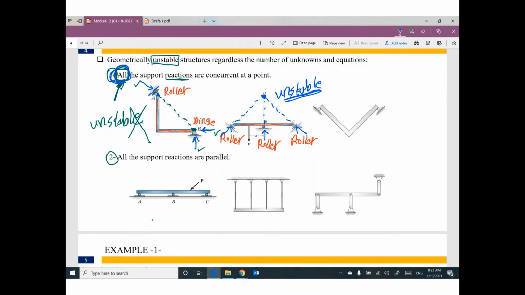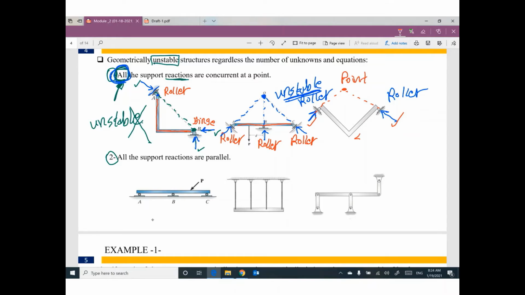The third one, we have 2 supports only. We have 1 reaction here, perpendicular, because this one is a roller. This one is a roller, so we have 1 reaction. If you extend this one and this one, all reactions intersect at one point.